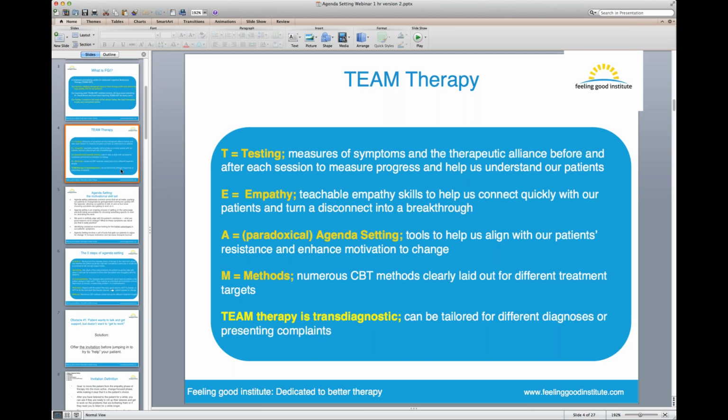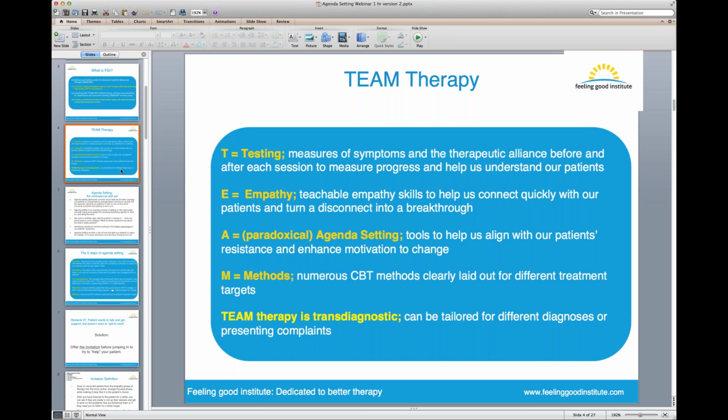The E in TEAM stands for empathy. We have teachable empathy skills that we practice and teach therapists that will help you connect quickly with your patients and skillfully address disconnects in your therapy sessions. Oftentimes, by bravely and warmly addressing disconnects in therapy, this can lead to breakthroughs.